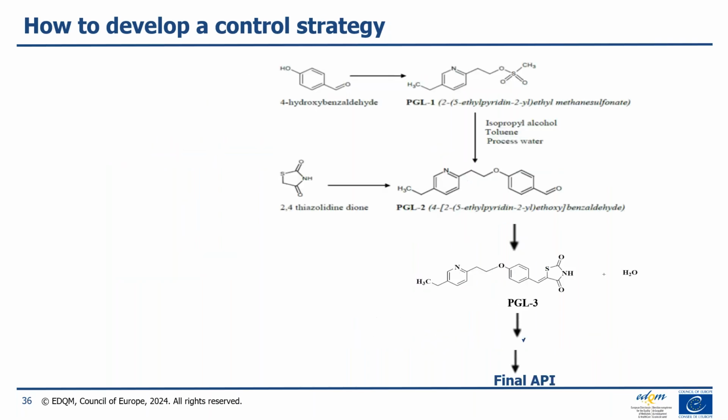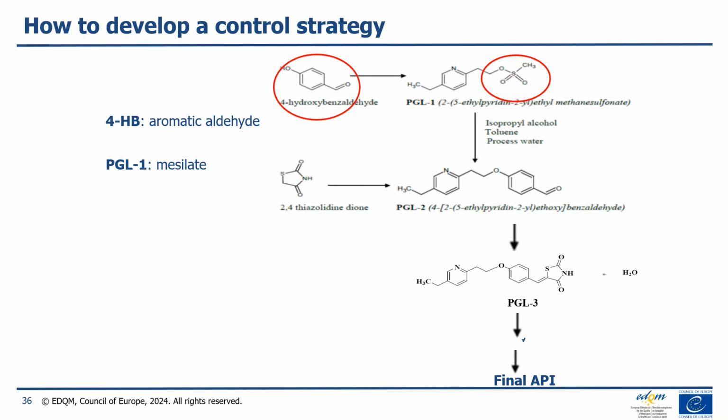Moving onwards in the manufacturing process of pioglitazone, the compound, as you can see on the screen now with a red circle, presents an aromatic aldehyde alerting structure. It results in an intermediate which displays a mesylate alerting structure, and the following intermediate also presents an aromatic aldehyde alerting structure. How to work in this case?